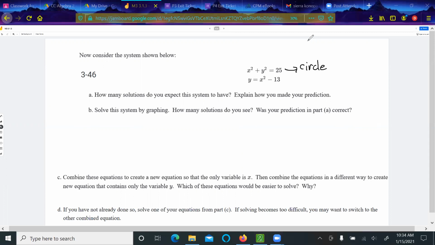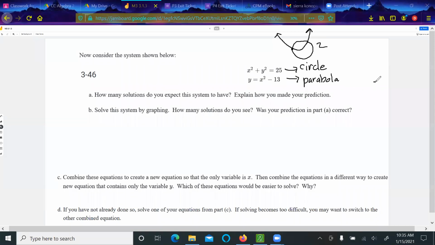Okay, so if we have a circle, and then what is this, you guys? Parabola. That's a parabola. How many different ways can a circle and a parabola intersect? How many intersections will there be? If I draw it like this, how many are there? 2, right?